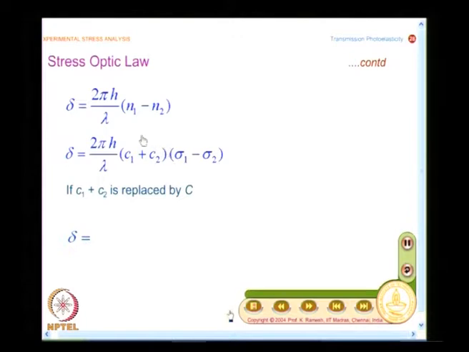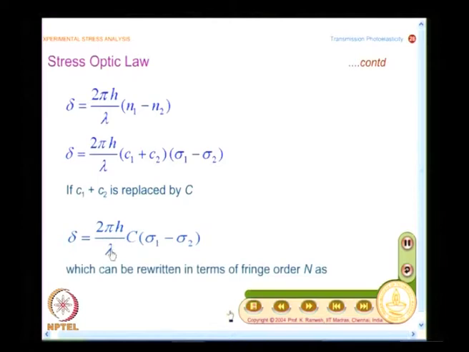This is the material parameter, and for convenience we replace it by another symbol. In order to differentiate it from the velocity of light, we use a capital C. I can recast this equation as 2 pi h by lambda into capital C into sigma 1 minus sigma 2.